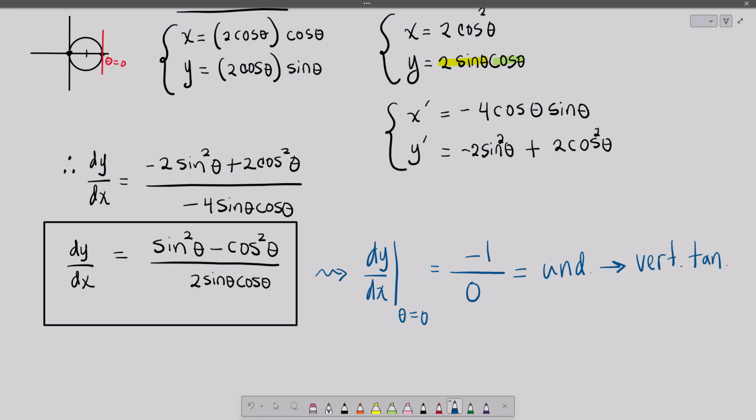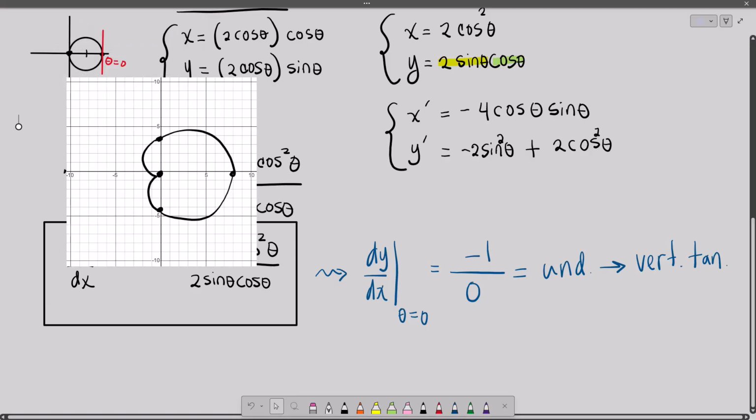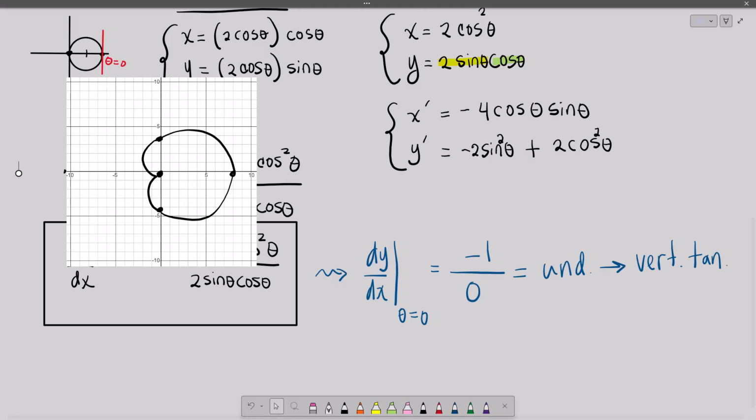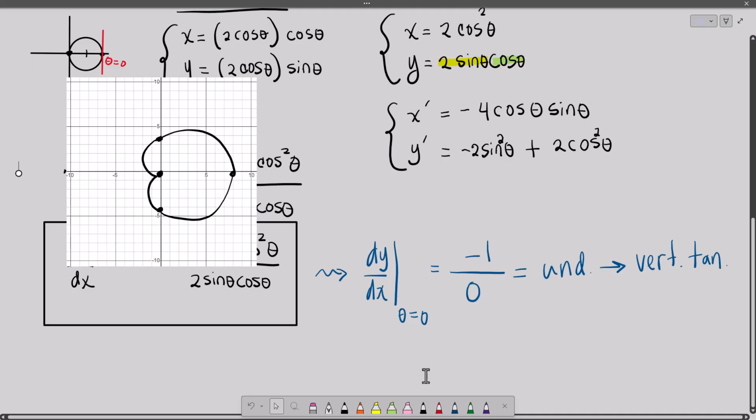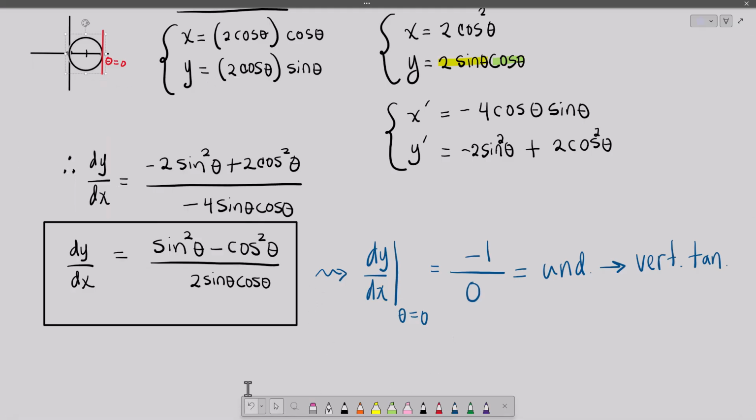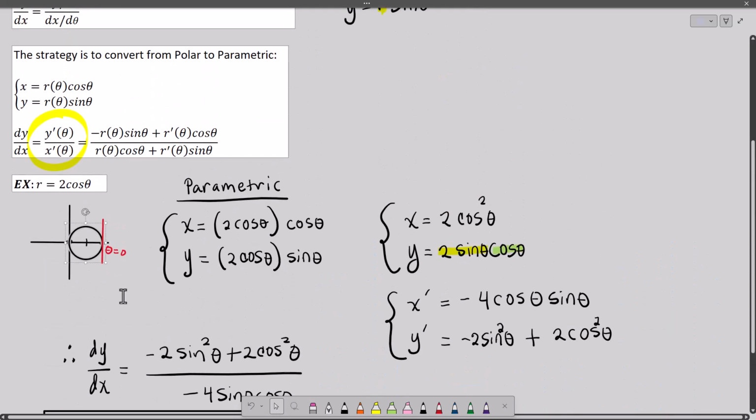Now theta equals pi over 2 is putting us here, so at pi over 2 we should also get a vertical tangent. And we don't know what that theta value is right at the top. What would you suspect it might be?